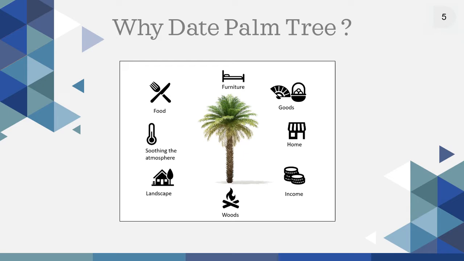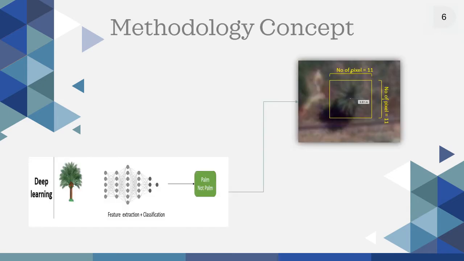Palm trees give us a lot of benefits, such as increasing the income of Bahrainis because they sell the dates, and also smoothing the weather and others, as you can see in the image in front of you.